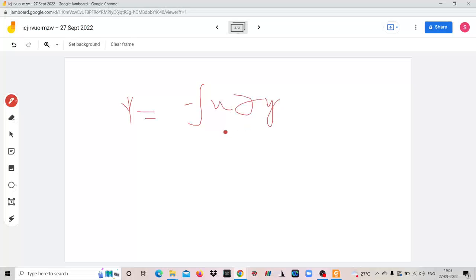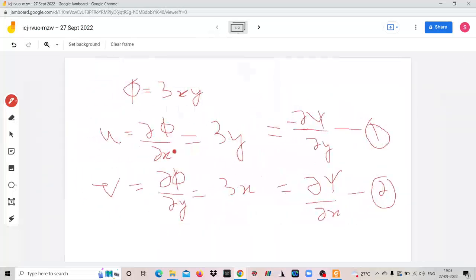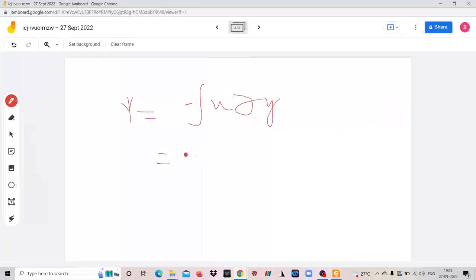Means u may be a function of both x and y, but we are integrating with respect to y only. So what is the value of u? The value of u is 3y. So minus of integration 3y del y.